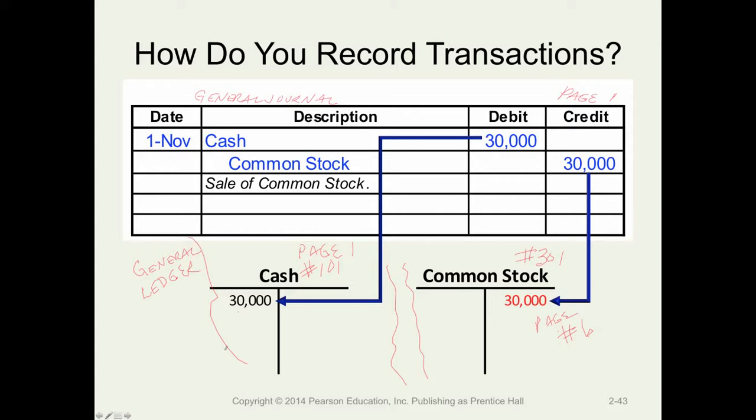Now again, it's absolutely the same effect as the process used to enter transactions on the accounting equation. Increase the asset cash, increase equity, same amount, $30,000.